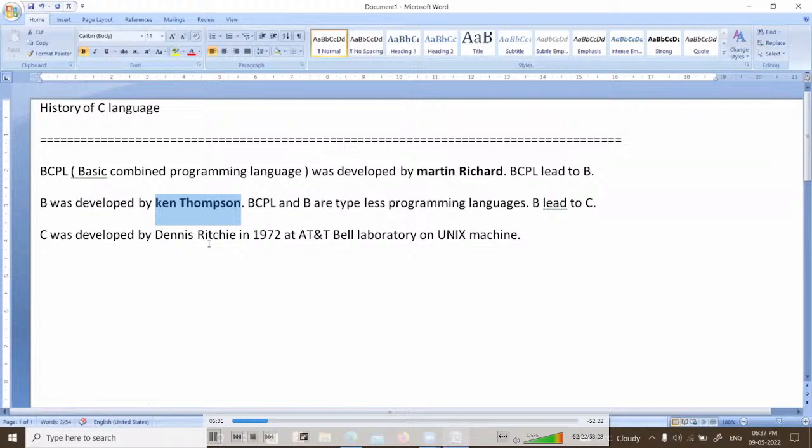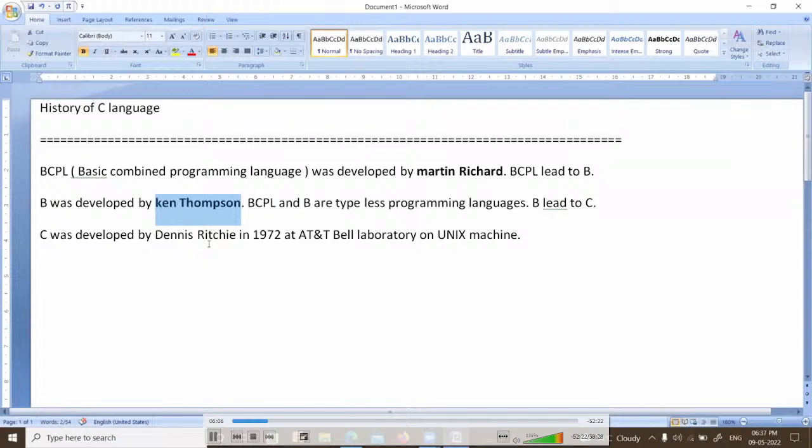Now, what is the use of include statements? Why do we have to write hash include stdio.h at the top? Include statements are the first statement in any C program, with hash.